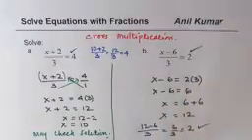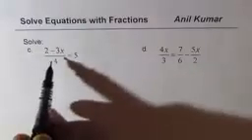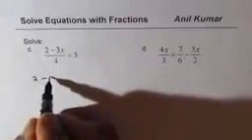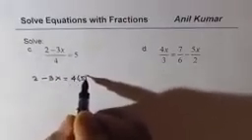Correct. Okay. So we have another similar kind of equation. Now here we'll apply both the techniques. So this one I think now you can do easily. We can write this as 2 minus 3x equals 4 times 5.